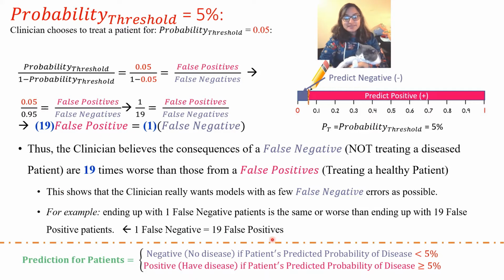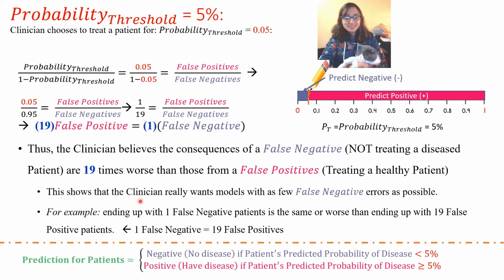What this means here is that for the clinician, making one false negative mistake, not treating a diseased patient, is 19 times worse than the consequences of a false positive when you're treating a healthy patient. So this shows that the clinician really wants models with as few false negative errors as possible, because one false negative is the same as making 19 false positives.